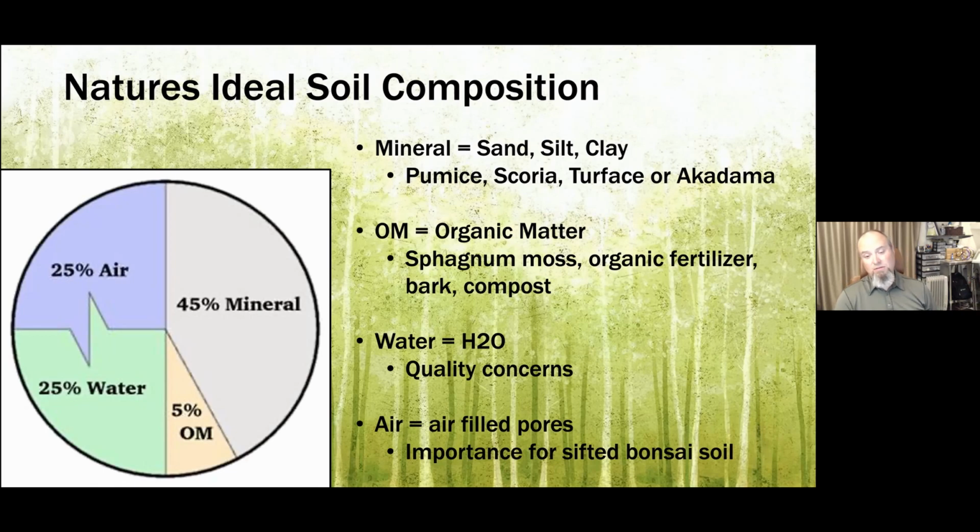The typical buffer is called CalMag. So it's calcium, magnesium, and then it'll have nitrogen with it too. I use one from Roots Organic. It's calcium, magnesium, and sulfur, because I like to really watch the amount of nitrogen that I'm adding to my system. But that's the basics.